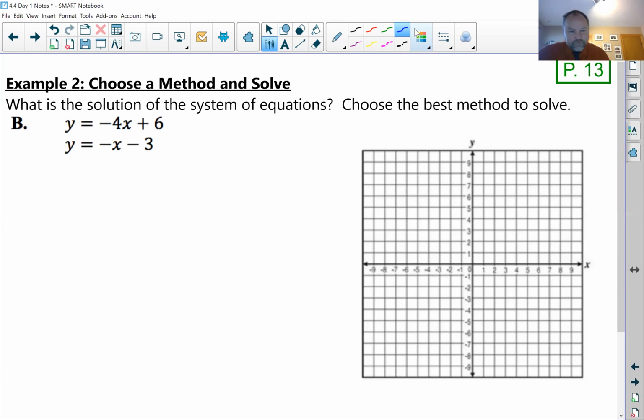Again, just being careful. But if we graph, again, this first equation, the y-intercept is 6. The slope is -4. So down 4 over 1.